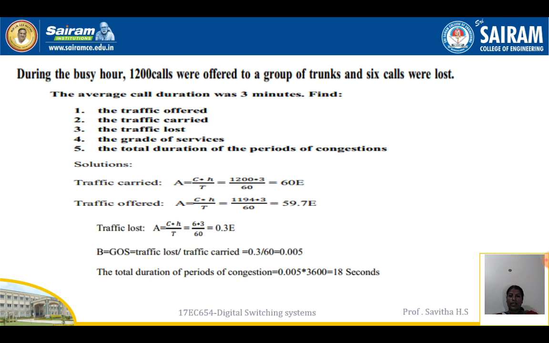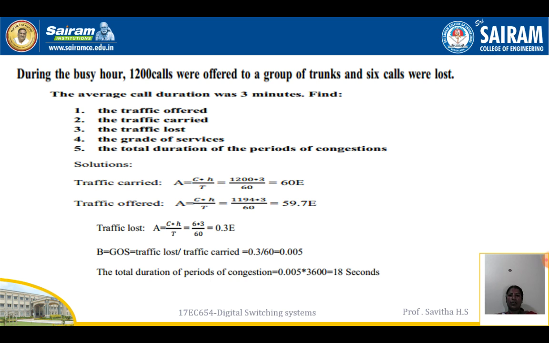Traffic offered is A equals C times H divided by T. So the number of calls is 1200 times 3 minutes divided by 60, which equals 60 erlangs. Traffic carried is A equals C times H divided by T. So 1200 minus 6 is 1194, times 3 divided by 60, equals 59.7 erlangs.